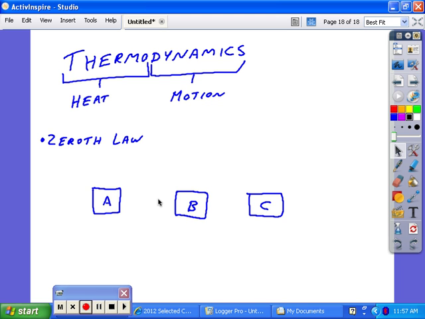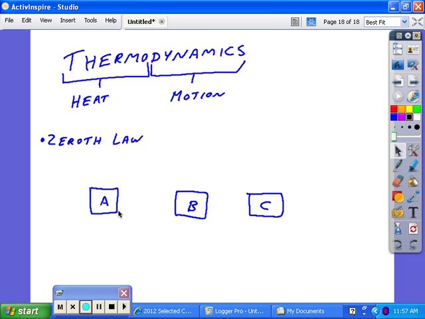So if A is in equilibrium with B and A is in equilibrium with C, once again you could take these two objects, have them in immediate contact with each other, and if they're in thermal equilibrium, that means there's no overall heat transfer from one location to the other.